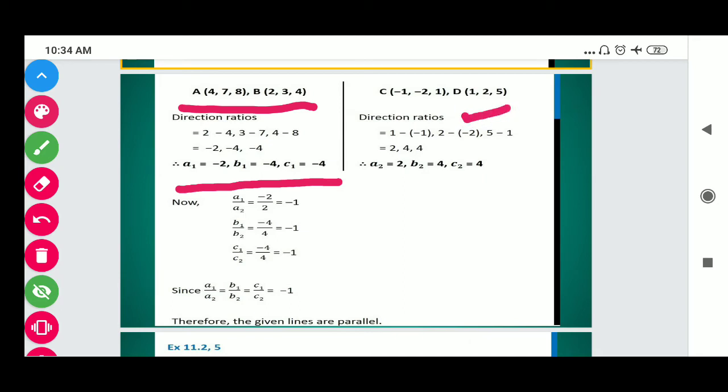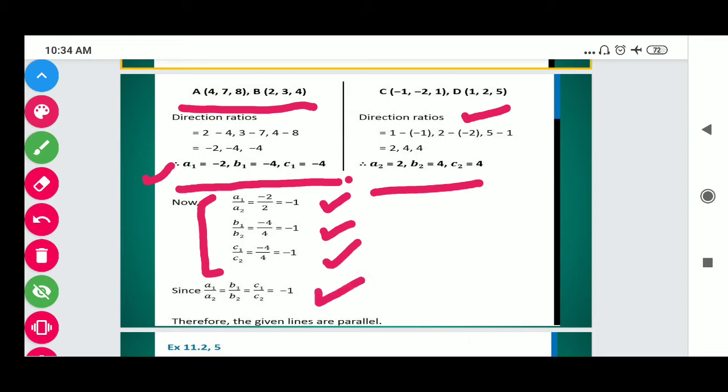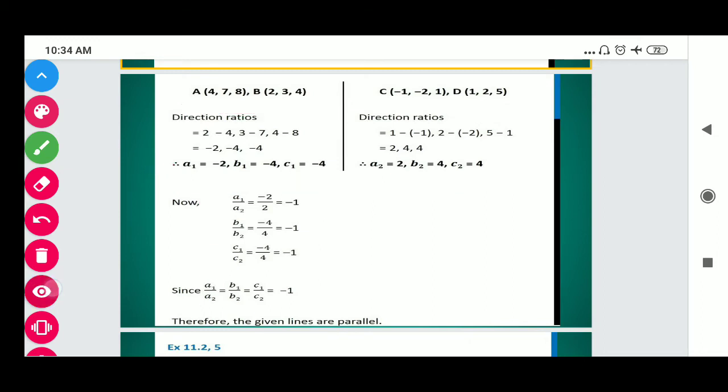So students, by taking the ratios of a1, a2, we get minus 1. Taking the ratios of b2 to b1, we get again minus 1. So here you can observe that the direction ratios are proportional to each other. In this way they are equal but opposite in sign. Therefore the given lines are parallel.